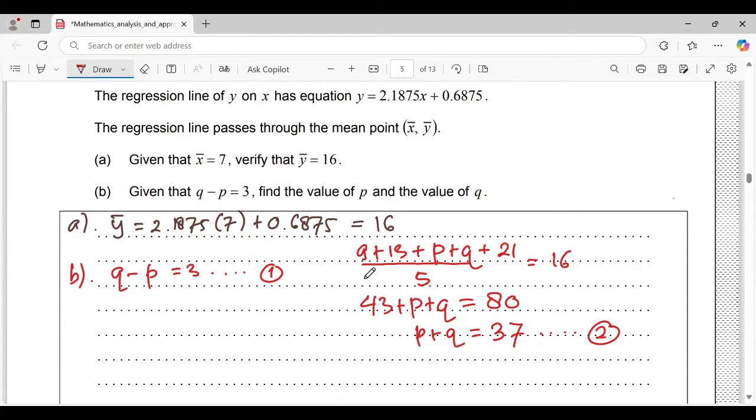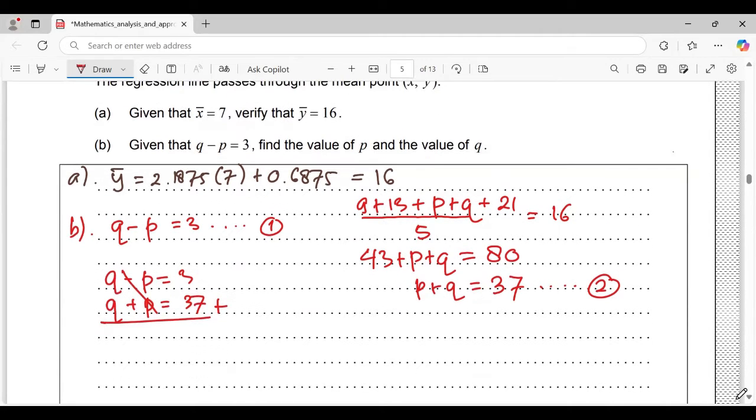Using the first equation and second equation, we're going to determine P and Q. I would like to write it like this. Then Q plus P equals 37, plus... I need more space. Okay, so 2Q equals 40, and then Q equals 20 because 40 divided by 2.